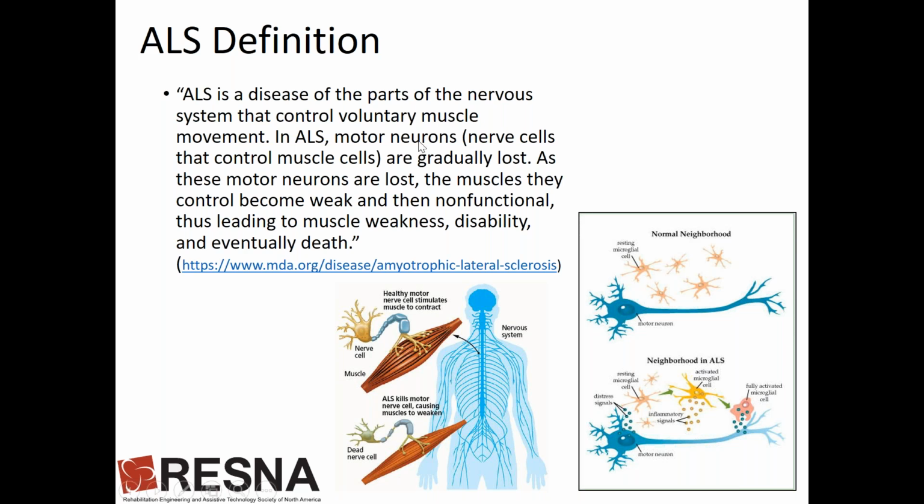So the important thing is that the ALS looks at the muscle movement. So typically you don't have bowel bladder, you don't have systemic issues, it's all motor. And so that's where the word locked-in syndrome sometimes is referred to.